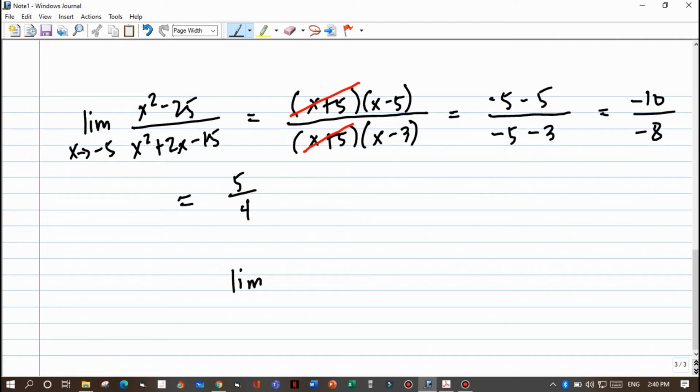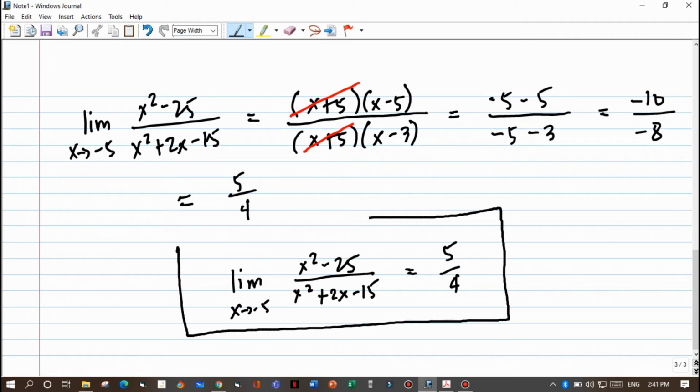Therefore, the limit of x squared minus 25 all over x squared plus 2x minus 15 as x approaches negative 5 is equal to positive 5 over 4. And this is our final answer.